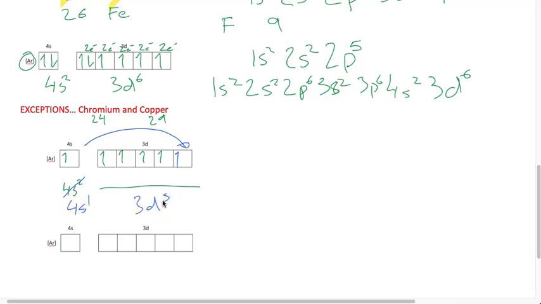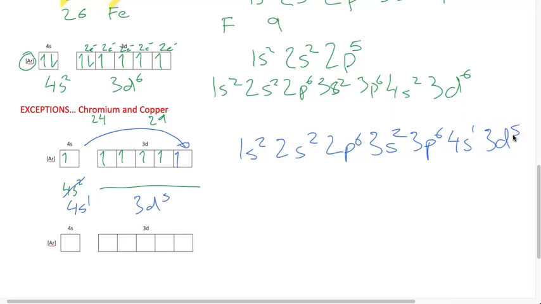Now you'll see that that's different because if you look at iron, it goes 4s2, 3d6. Now our electron configuration for chromium is going to be 1s2, 2s2, 2p6, 3s2, 3p6, 4s1, 3d5. Okay, and that 4s1 being your key difference.